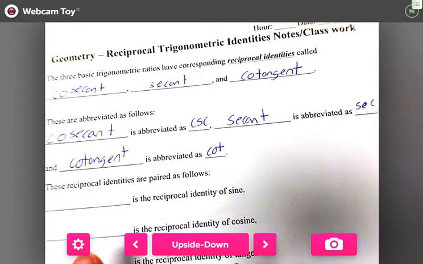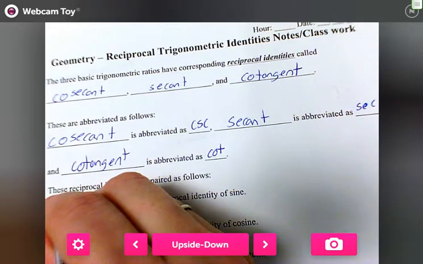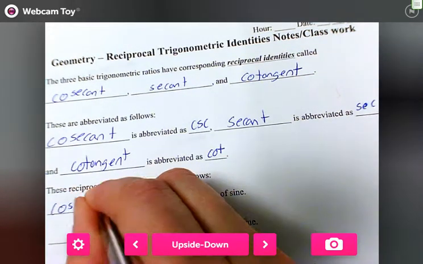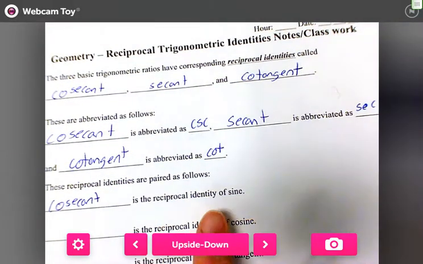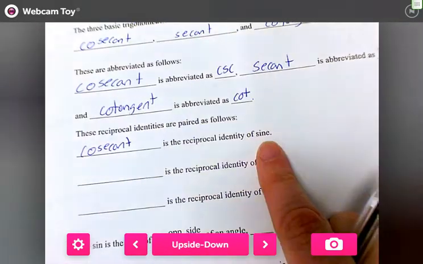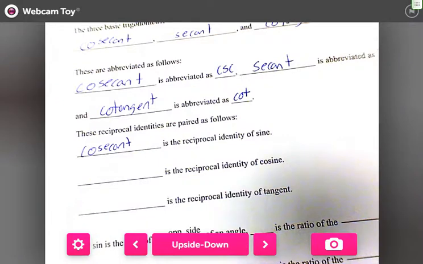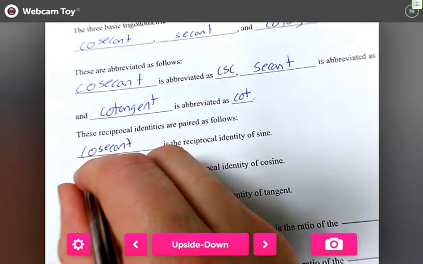Okay, cosecant is the reciprocal identity of sine. Who knows what reciprocal means? We've talked about this before. It's like flipped over, like the reciprocal of 1/2 is 2 over 1. So the reciprocal identity of sine is cosecant. The reciprocal identity of cosine is secant.